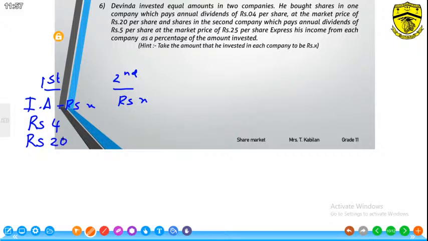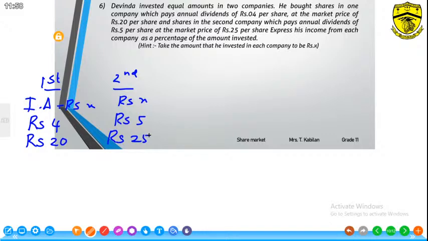In the second company, the annual dividend is rupees 5 per share and the market price is rupees 25 per share. In the question, we need to find the income from each company as a percentage of the amount invested. First of all, we need to find the income, then change it into a percentage of the amount invested.